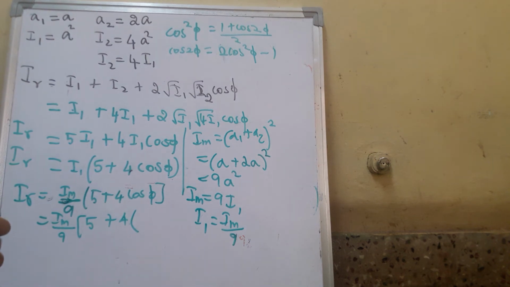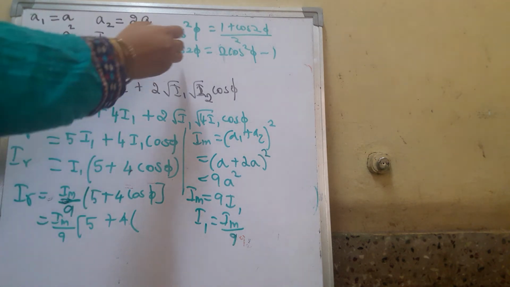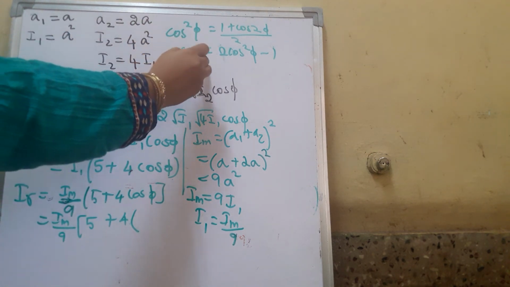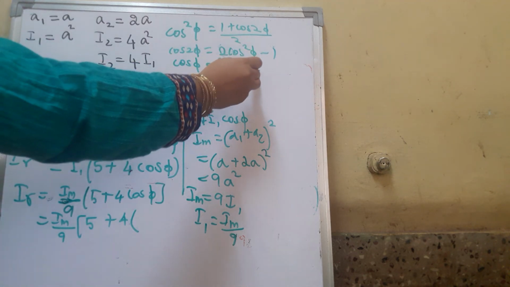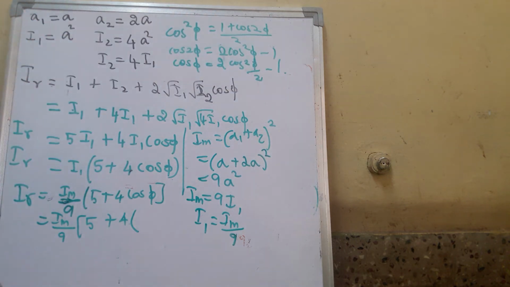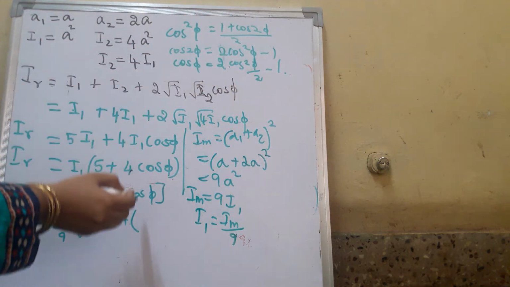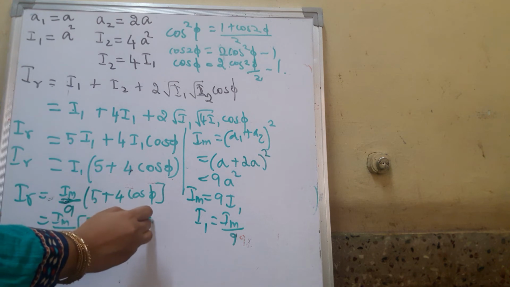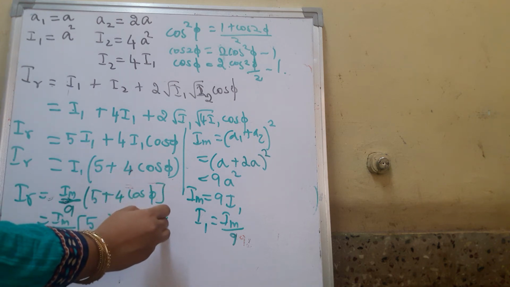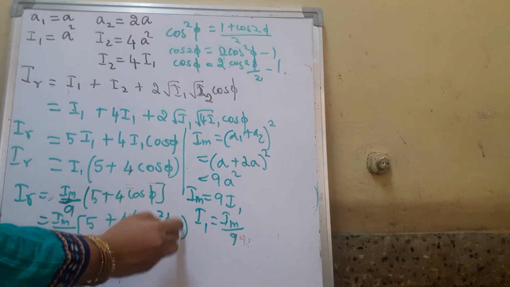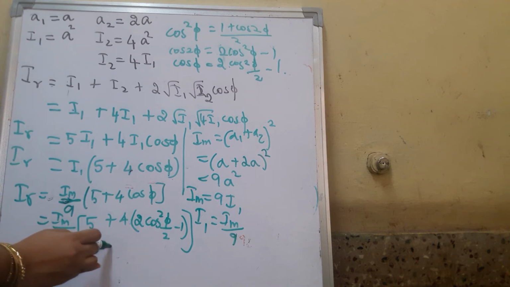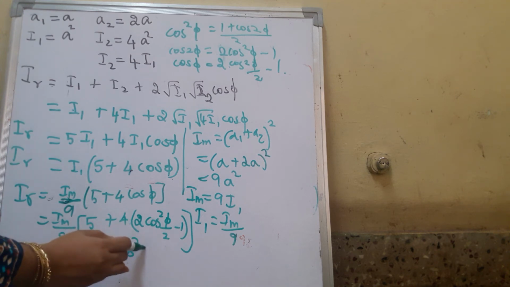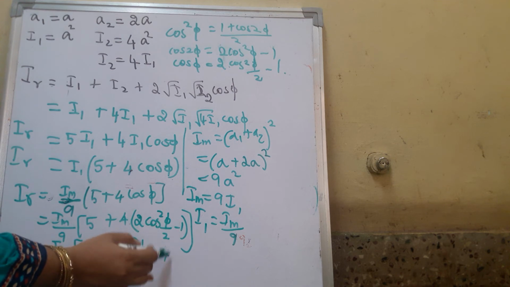Replacing cos phi with 2 times cos square phi by 2 minus 1 and multiplying, we get IM by 9 of 5 plus 8 cos square phi by 2 minus 4.